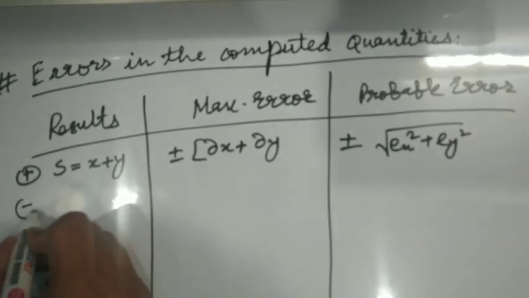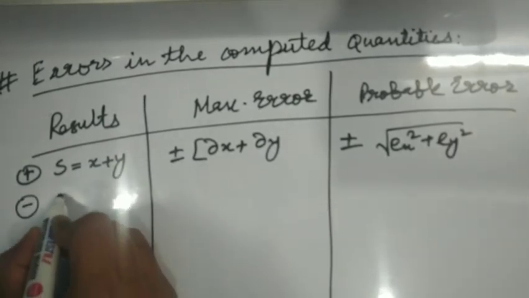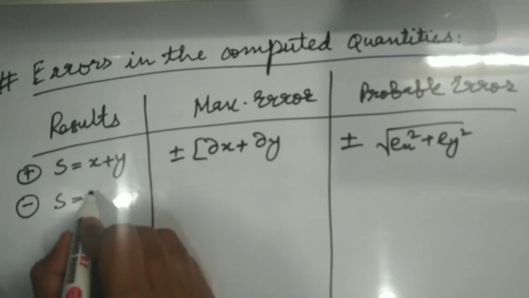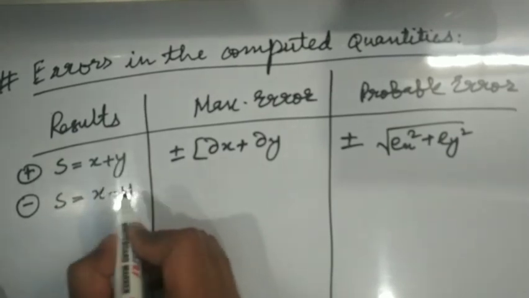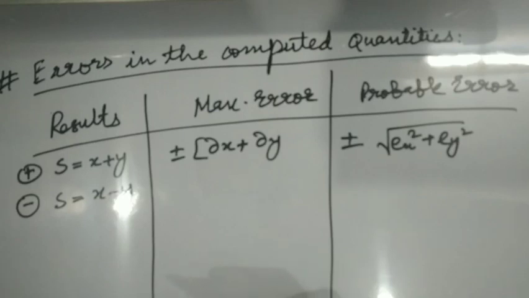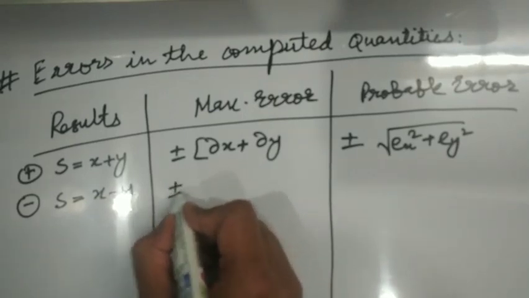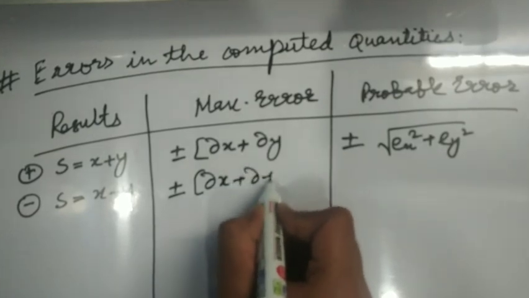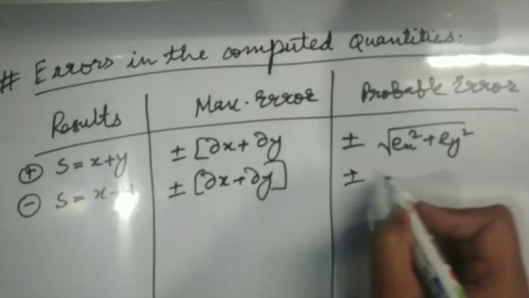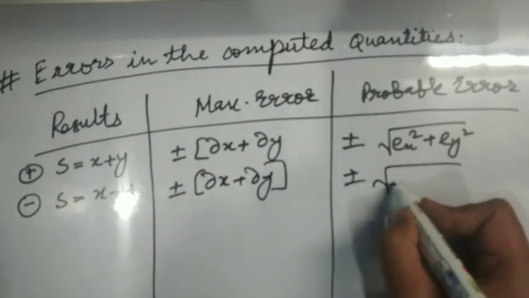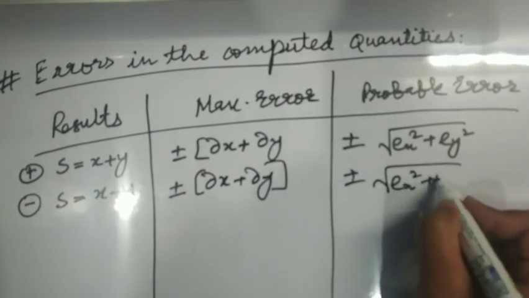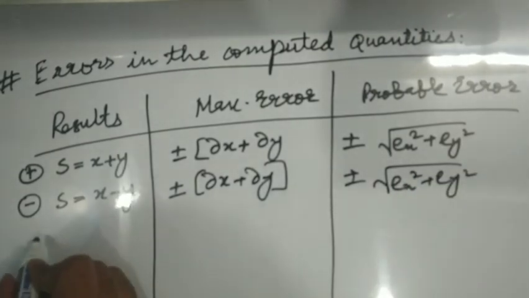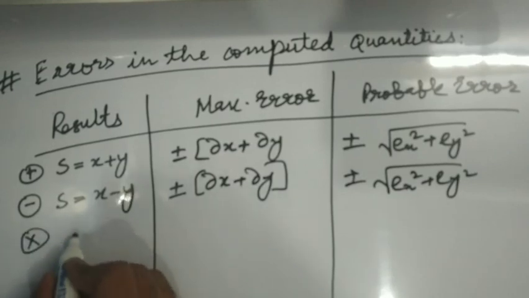Similarly, for subtraction, I'll denote by minus. If the equation is s is equal to x minus y, where x and y are two different quantities or measurements, then the maximum error will be same as that in addition. And probable error will also be same. Now coming to multiplication.